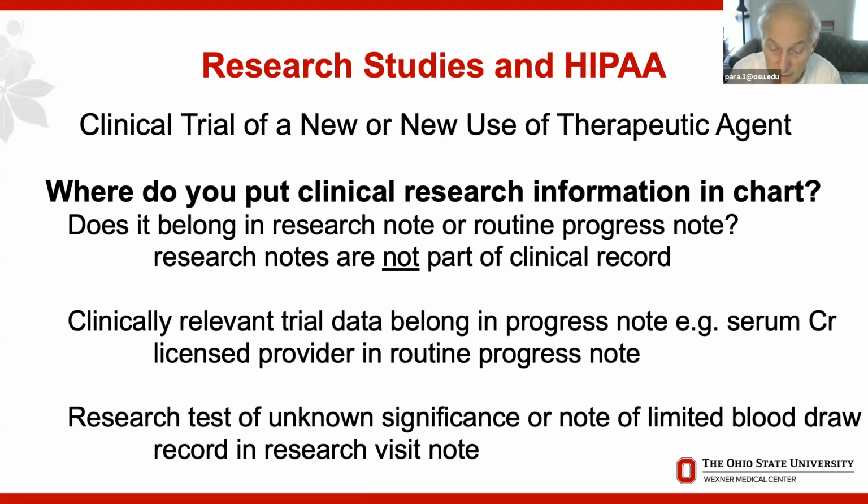On the other hand, if you are drawing blood for a serum experimental study that nobody knows the meaning of, or you're just doing a blood draw for research storage, you wouldn't bother putting that in the clinical record. That has nothing to do with their care. So that would go in the research note, that you drew the blood for study XYZ week 17 today.